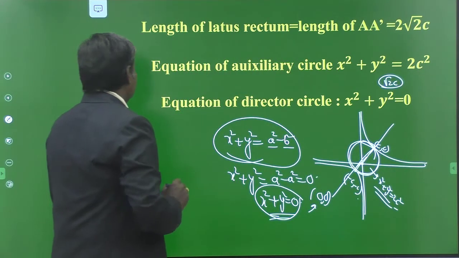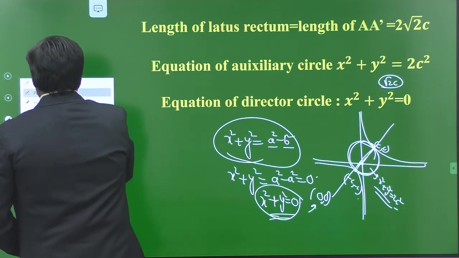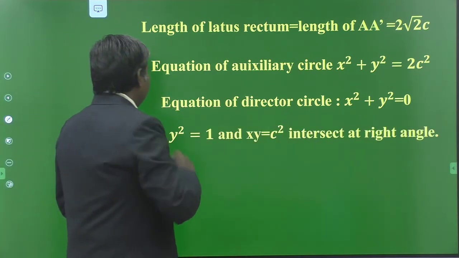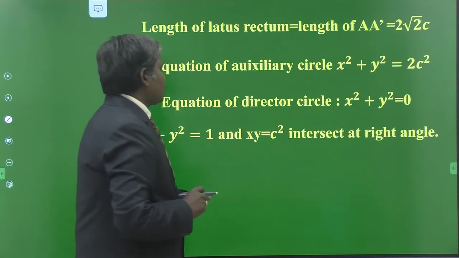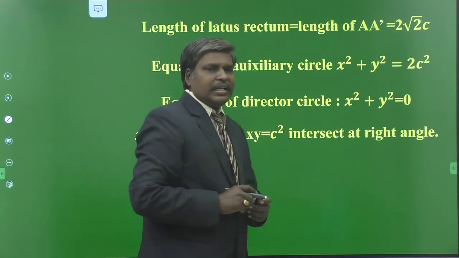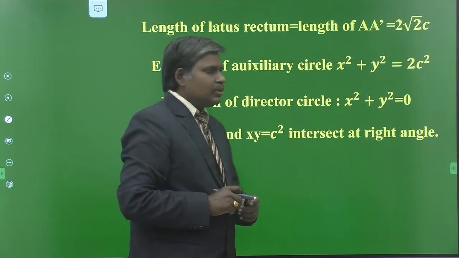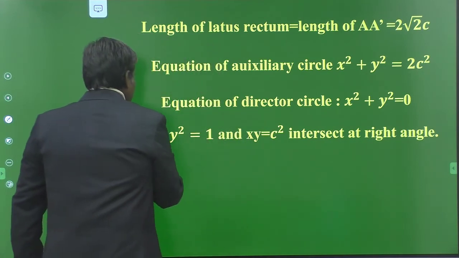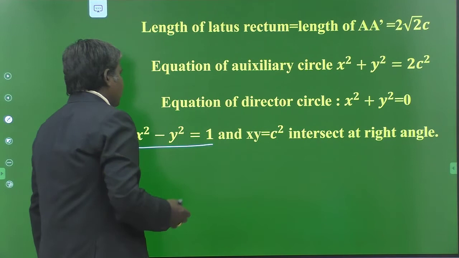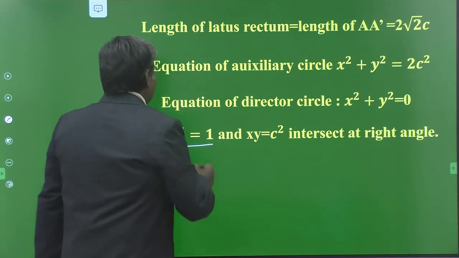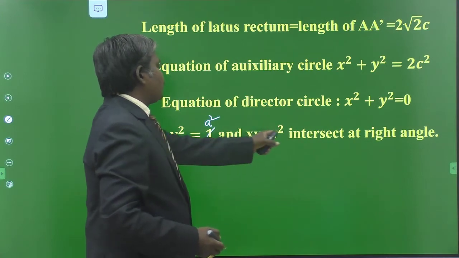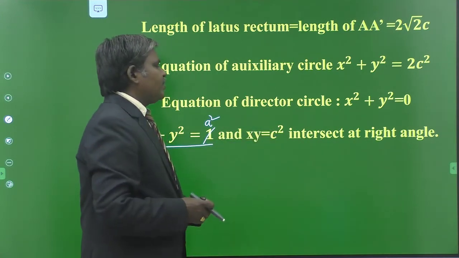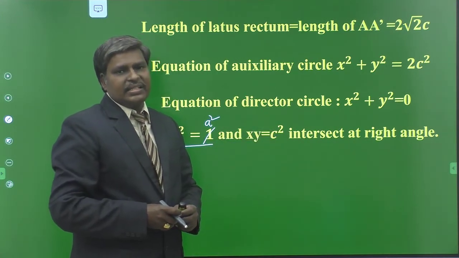Now, x square minus y square equals 1 and xy equals c square intersect at right angles. So this is the standard equation: x square minus y square equals 1, or you may take a square, whatever it may be. This and xy equals c square always intersect at right angles.